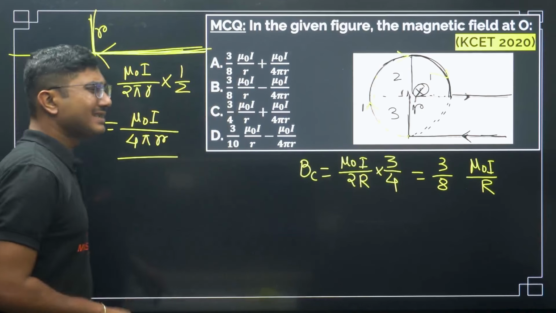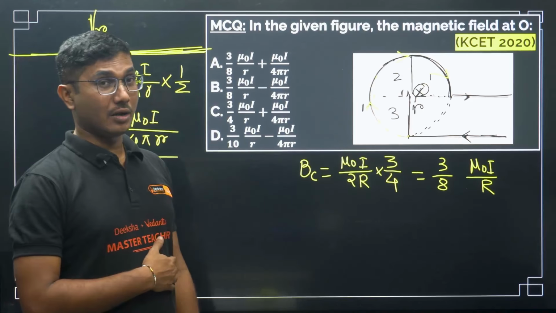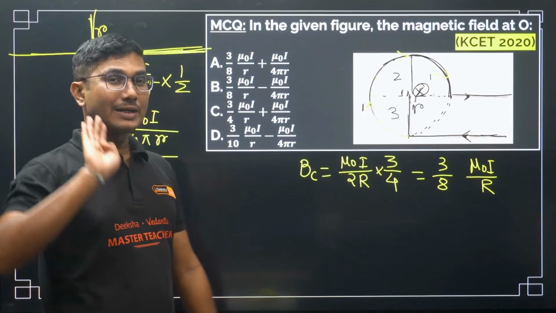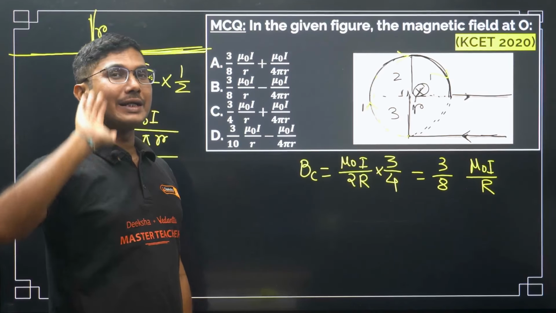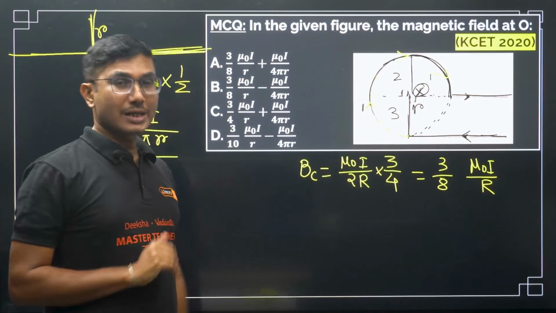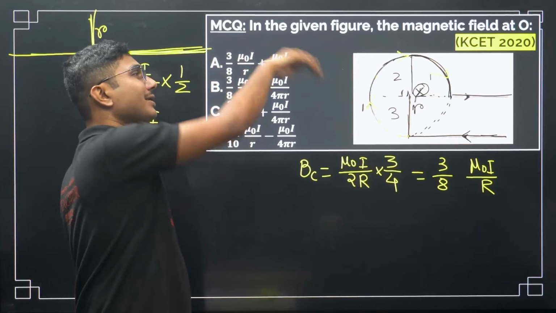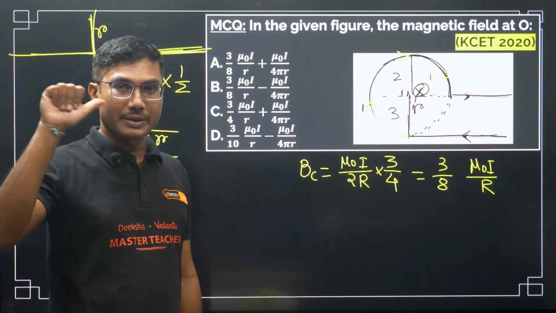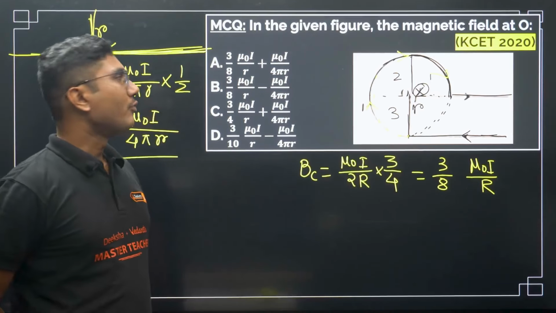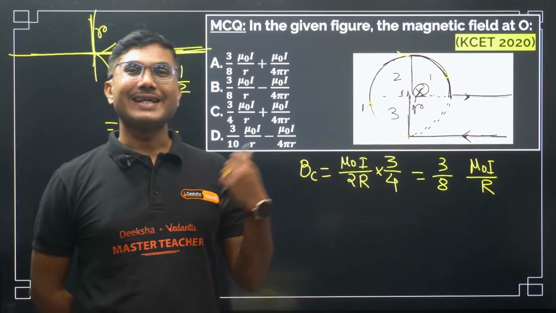Now what is the direction of this field? For a circular current carrying wire, you take your fingers in the direction of current and the thumb represents the magnetic field. For a straight current carrying wire, it is exactly the opposite.